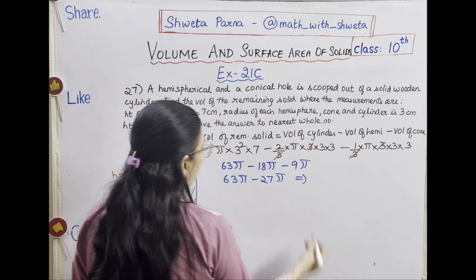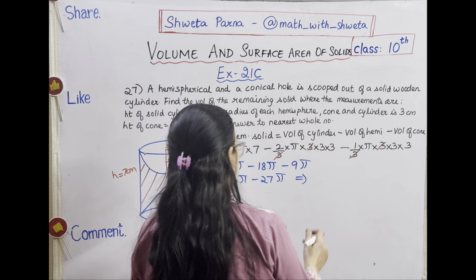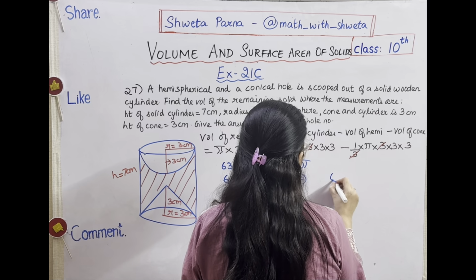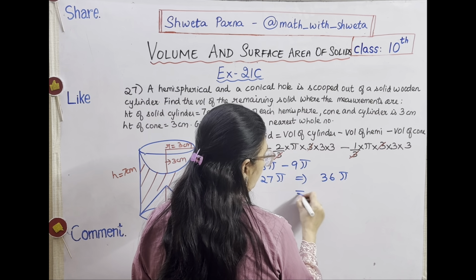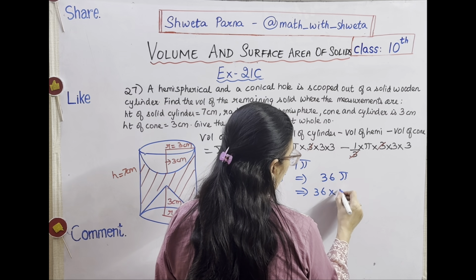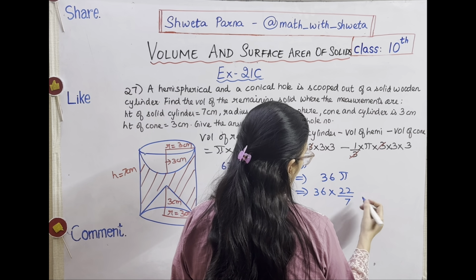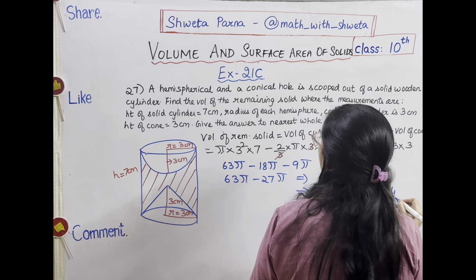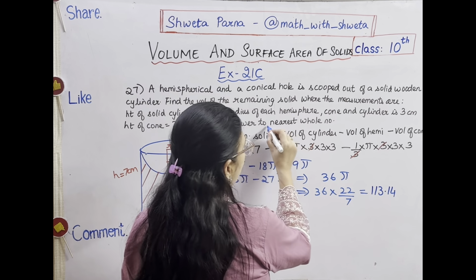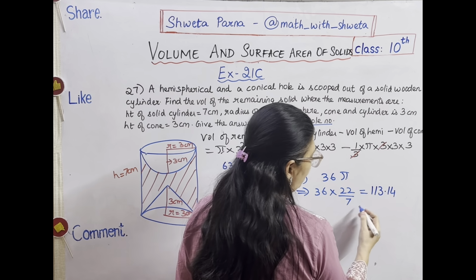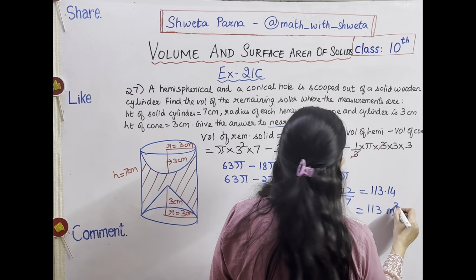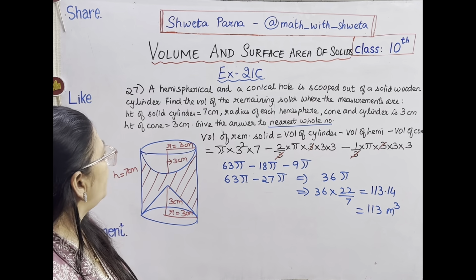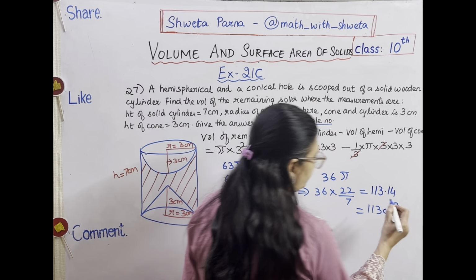So this will be 63 minus 27, 36 pi. So this would be 36 into 22 upon 7, 113.14. You have to give the answer to the nearest whole number. What is the whole number? Whole number is 113 meter cube. No, sorry, centimeter cube.